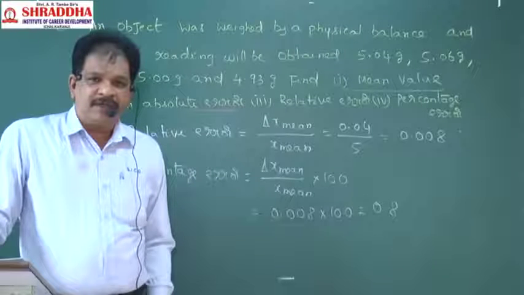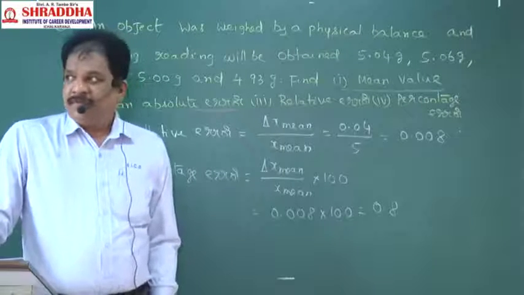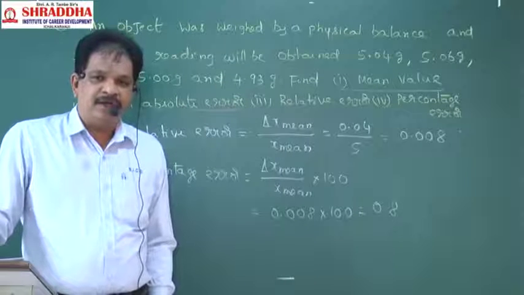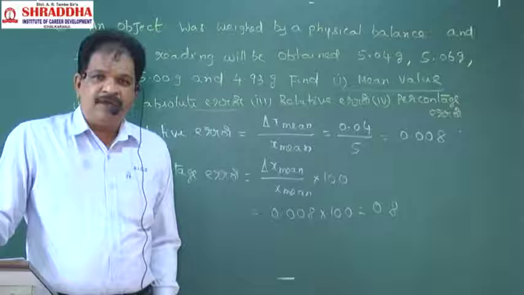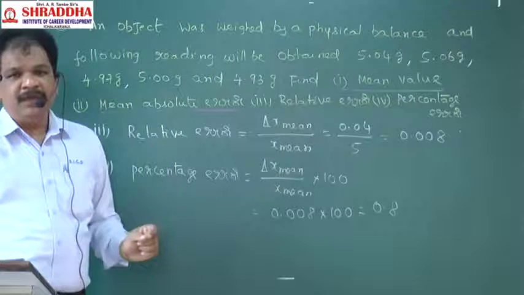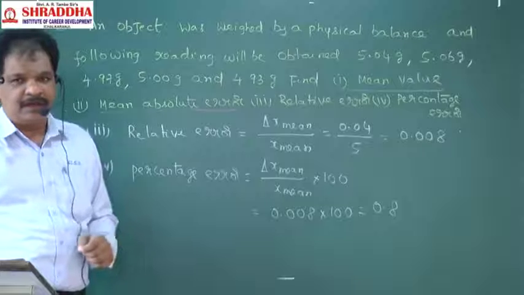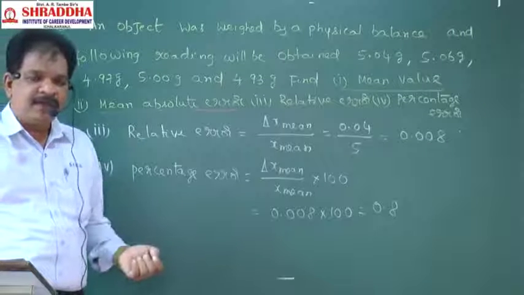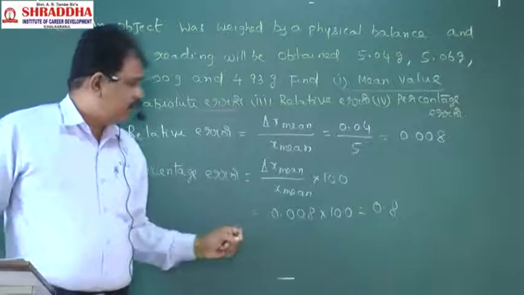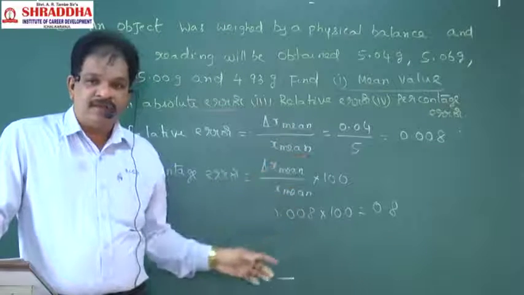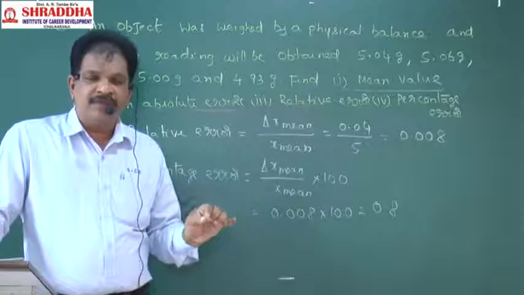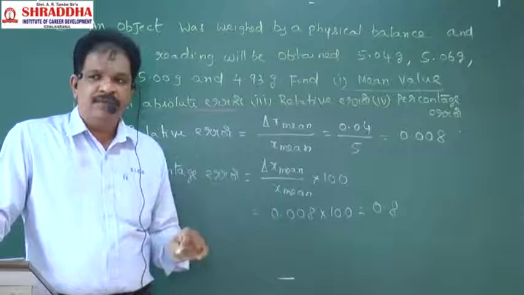Are my points clear? They will give some set of values. They will ask to find the mean value, the mean absolute error, the relative error and the percentage error. This is the way. The average of all the given values is called the mean value.